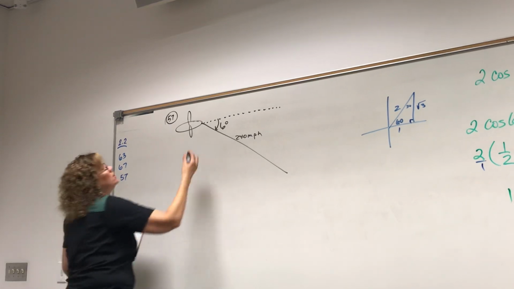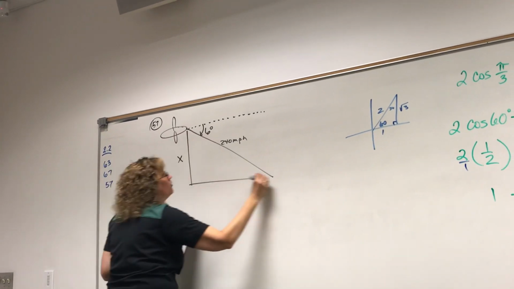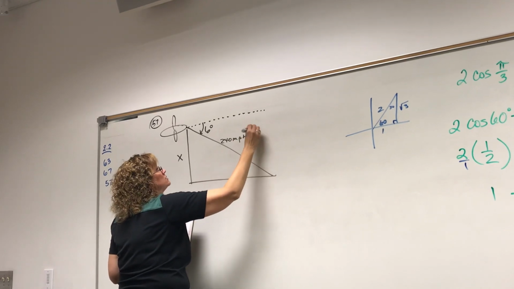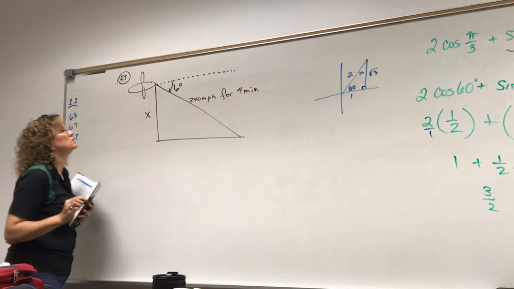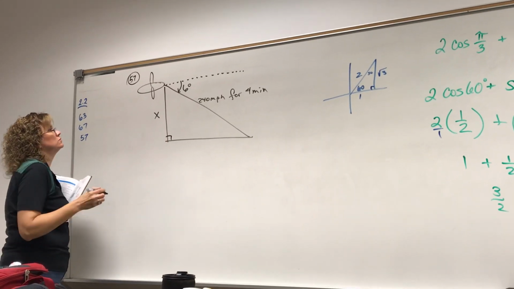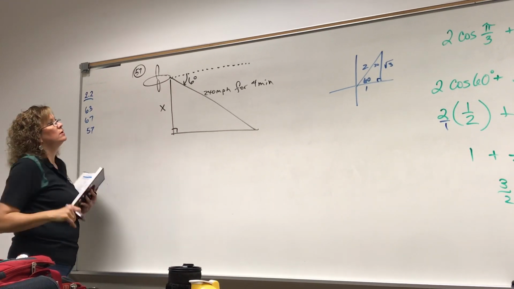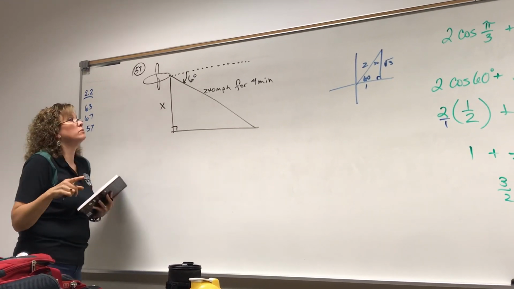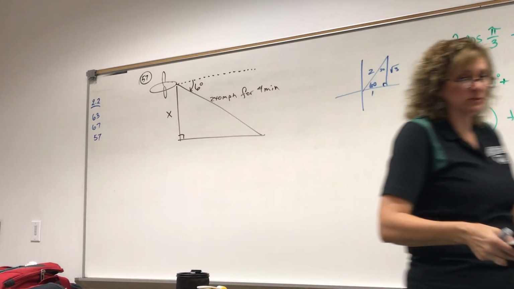Okay, so we want to know how far it's going down, and we're doing this for 4 minutes. And of course, we're going to draw the vertical distance, so it's going to be perpendicular. We have unit problems here as well. Hopefully, we all know rate times time equals distance, right?